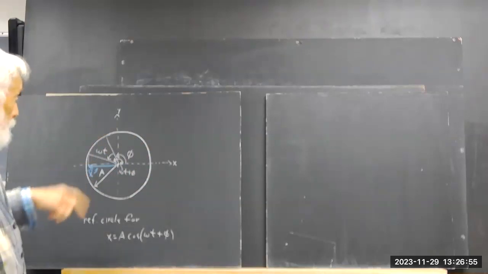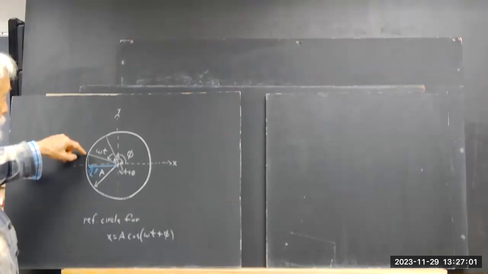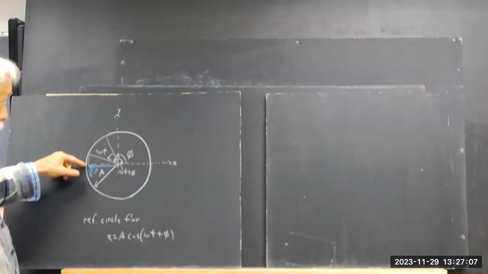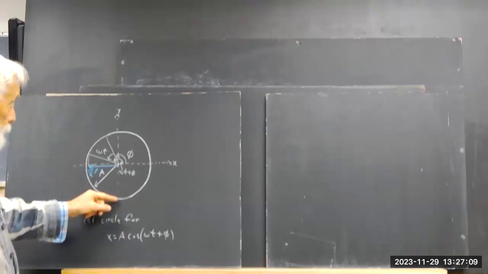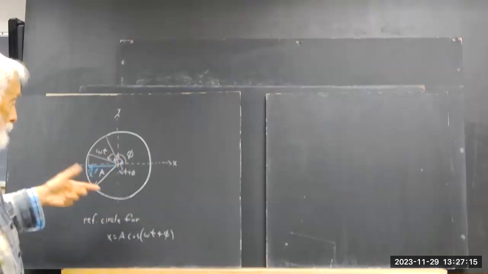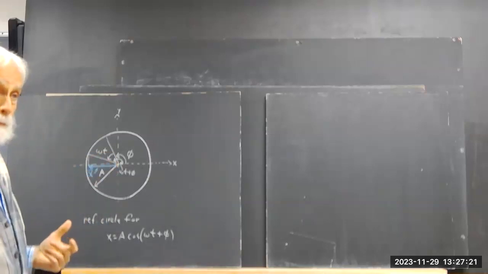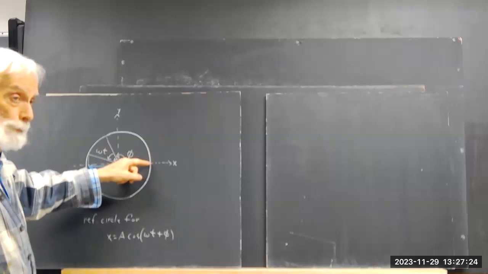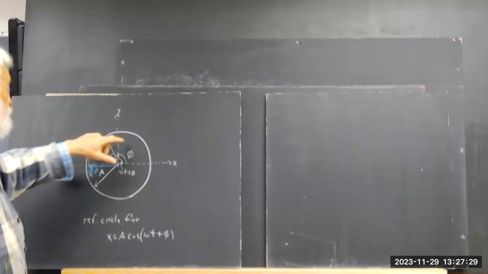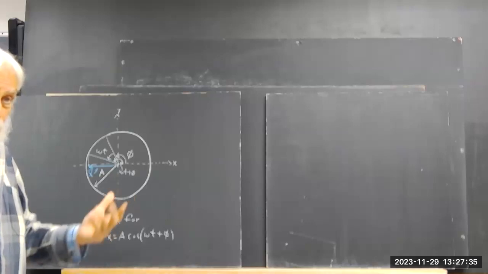What's going to happen to the position x? Well, if we start here, by the time we get down here, x goes all the way from the center to the circle, right? So x is going to get bigger. Then as we go down to here, x is just a projection of this point. That point is going to give you x equals 0, isn't it? Then as we move from here to here, x will increase. As we move from here to here, x will decrease again. As we move from here to here, x will again increase, but in the negative direction. Make sense?